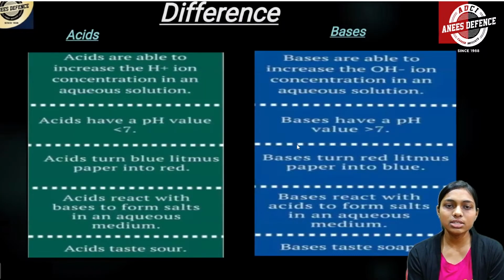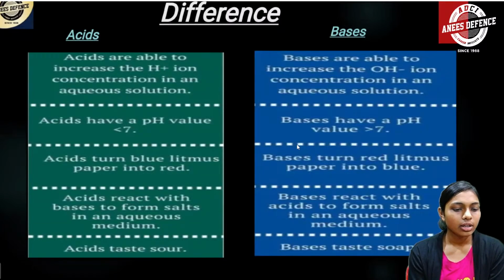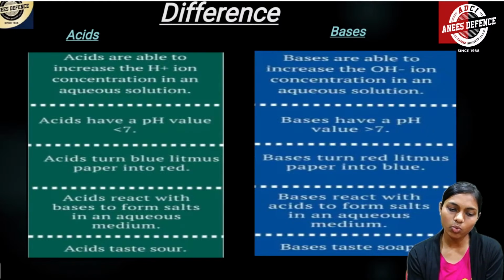Let's come to differences between acids and bases. Like we can see in this PPT, acids are able to increase the H plus ion concentration in an aqueous solution. Aqueous solution means that the acids are mixed with water.